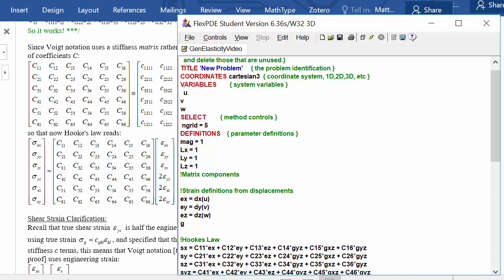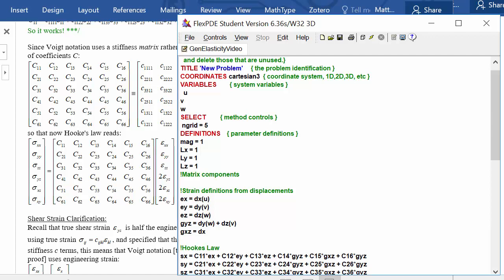Then gyz is equal to dy of w plus dz of v. So we don't need the divided by 2 because we're using the engineering strain this time.